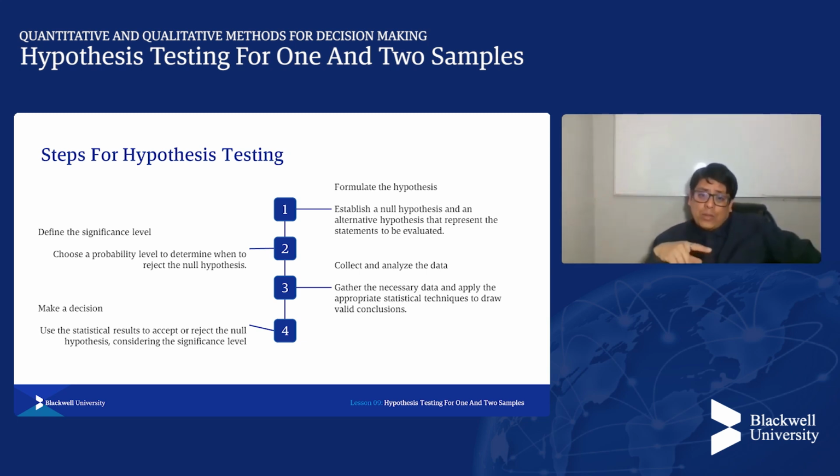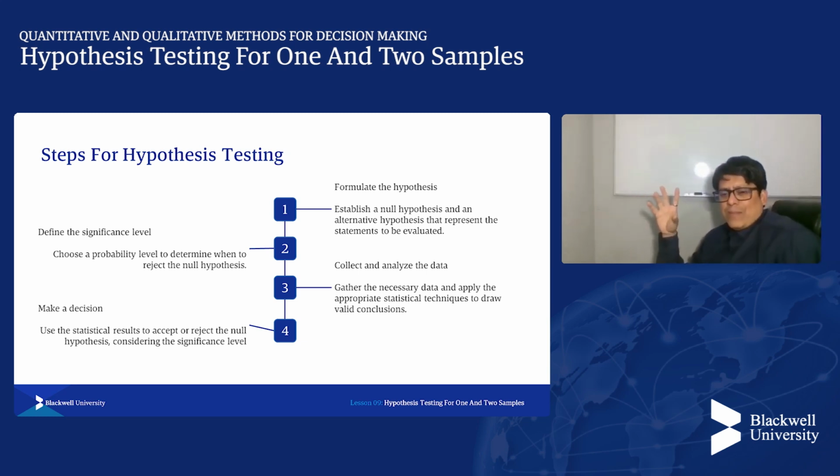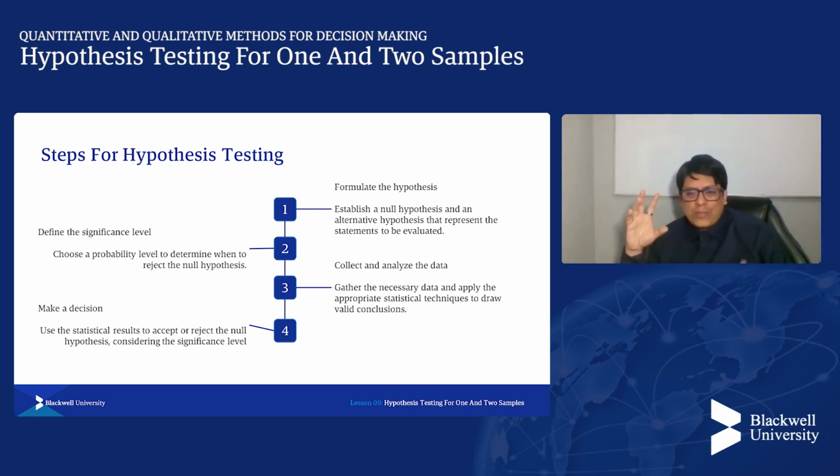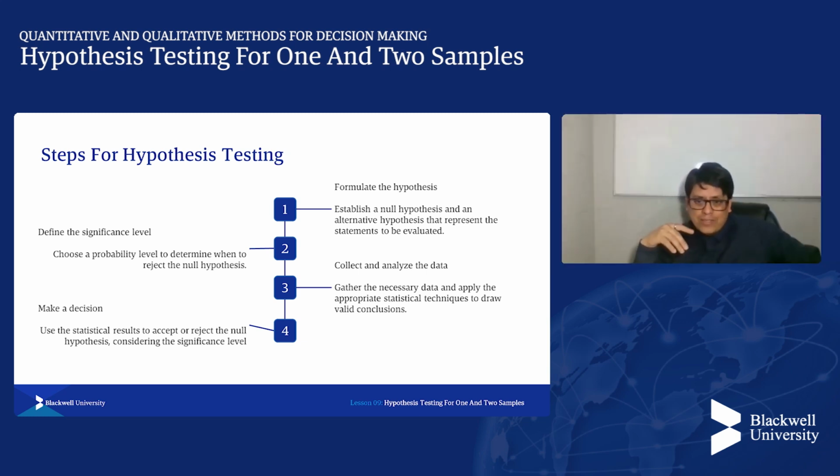But if the p-value is 0.06, it means there is a 6% chance that the null hypothesis is true even though we are rejecting it. Since the reliability we are establishing implies that the probability of rejecting a null hypothesis when it is true is 5%, and the p-value is 6%, the probability we are obtaining is greater. So we accept the null hypothesis.